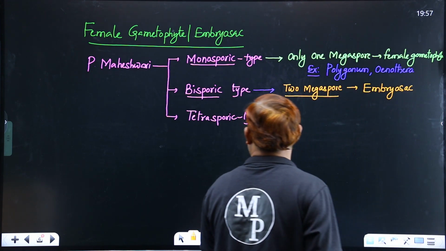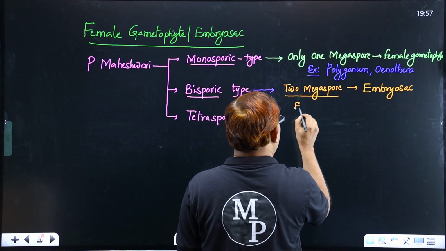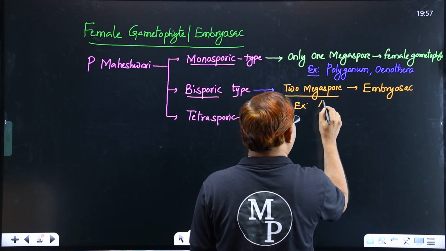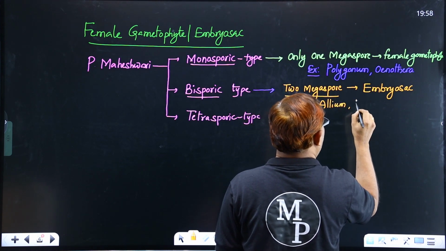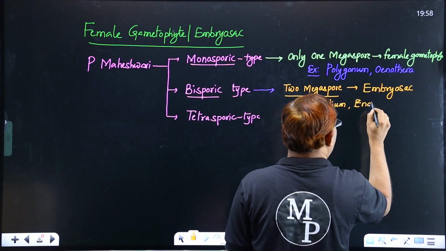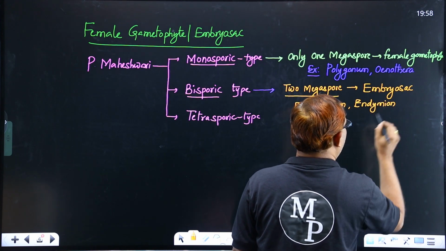That is known as the bisporic type. The best example is the Allium type, and then the next one is the Endymion type. Allium type and Endymion type.